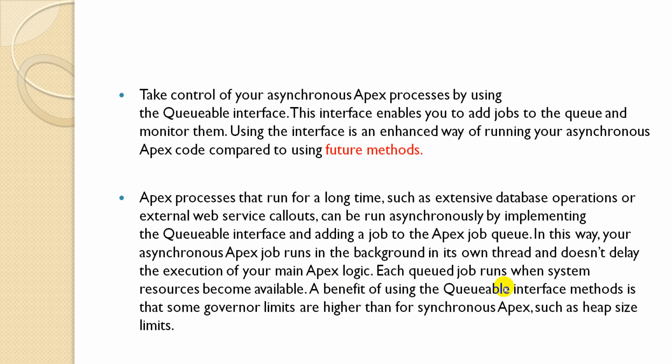Each queued job runs when system resources become available. A benefit of using the Queueable interface method is that some governor limits are higher than for synchronous Apex, such as heap size limits.